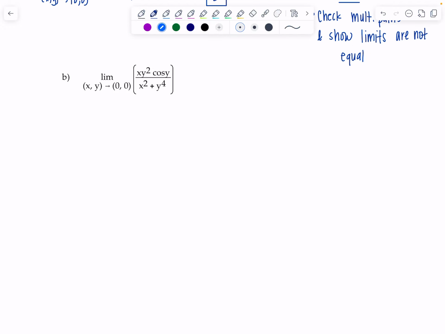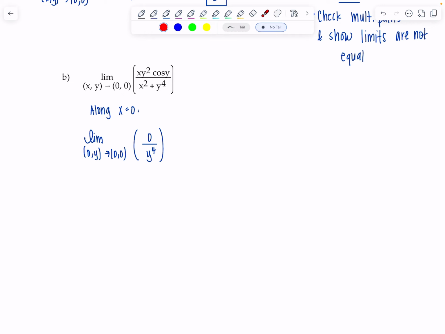and then I can say the limit doesn't exist. So let me go along x equals 0, the y-axis. So that means I'm going to take the limit now as (0, y) approaches (0, 0). And then if I substitute in 0 for x, I'd get 0 in the numerator and then 0 plus y to the 4th in the denominator. Now this part's always confusing for students.